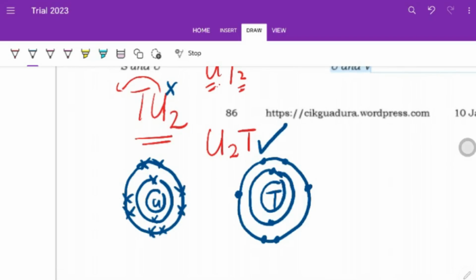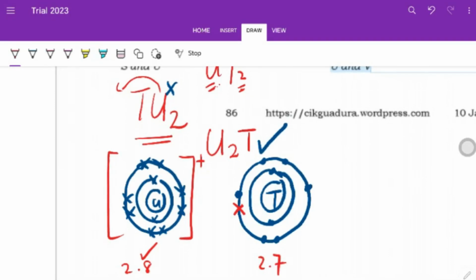If one valence electron is donated, released, then it is gained by the T. So this one becomes positive. This one is okay already, it's 2 8, octet electron arrangement. But this one is only 2 7, not yet octet electron arrangement, correct?